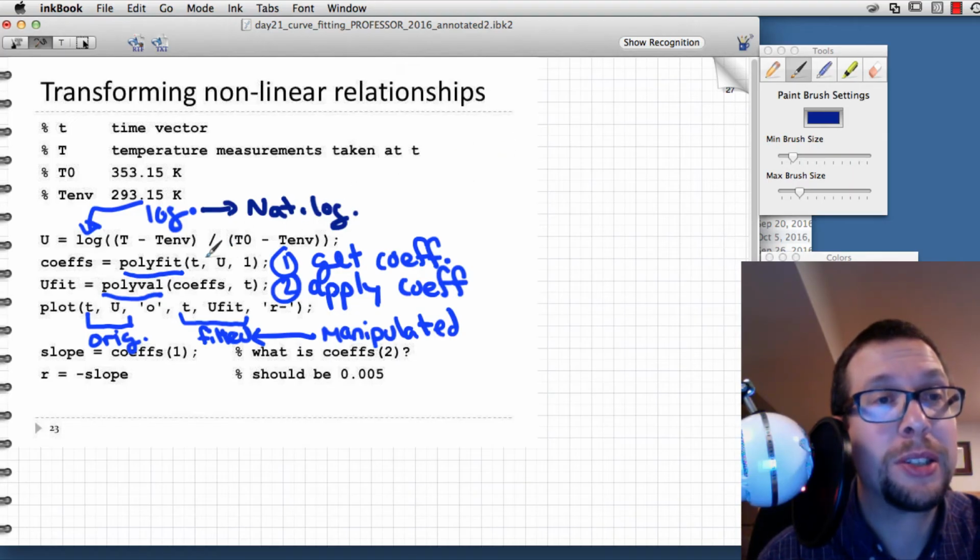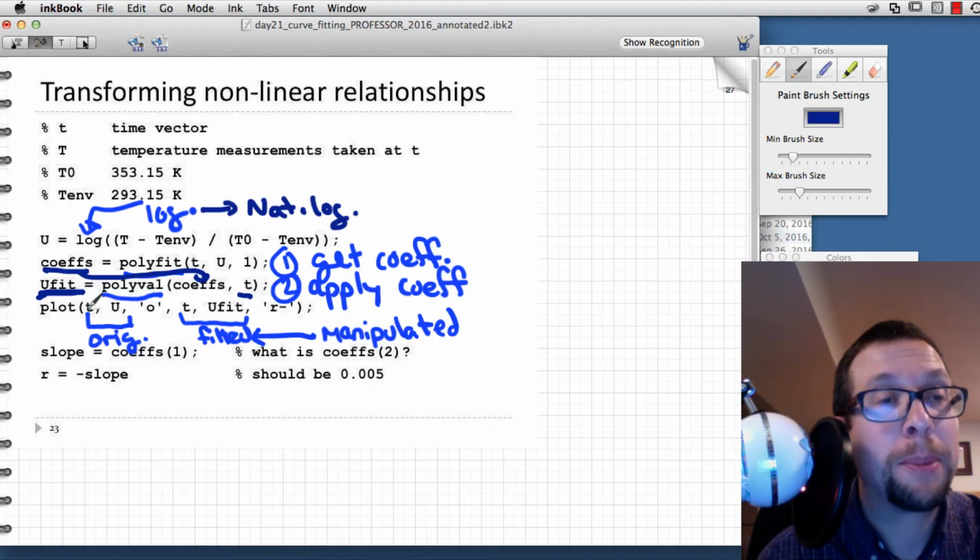Okay, so t is time and u are the data points that were plotted earlier. The coefficients will be calculated from t and u, and we're looking for a first order fit to that. From there, you determine that the coefficients come out of this. They get fed into a polyval function where you have your coefficients and your horizontal values, your t or time values right there. And that gives us our fitted values for u.